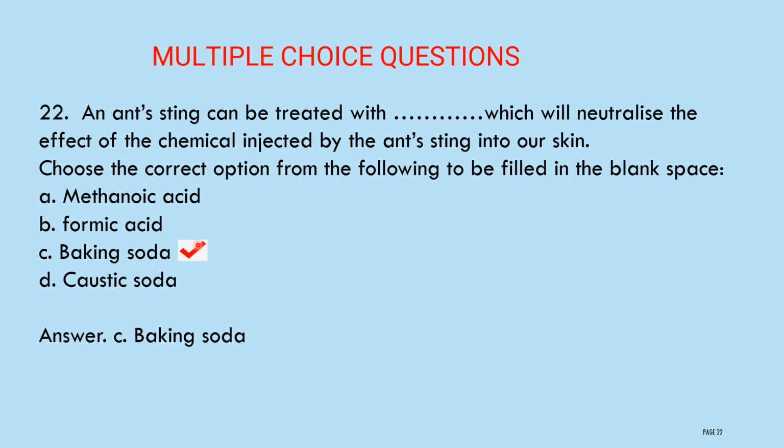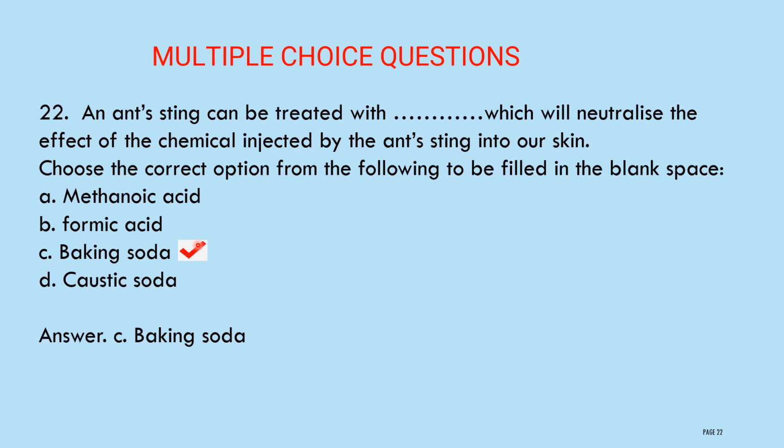If an ant stings your skin, then the ant will inject a chemical into your skin. Normally the ant sting contains an acid. If acid is introduced into your body, then you have to add a base to neutralize the effect of the acid. Therefore here we will use baking soda.